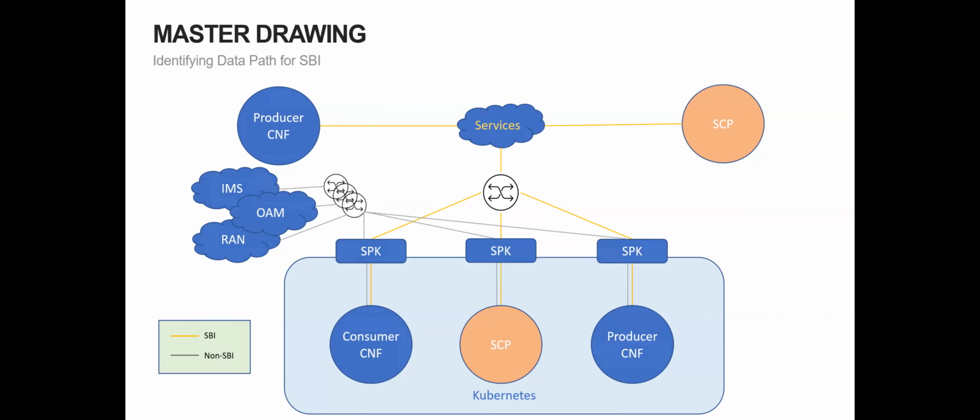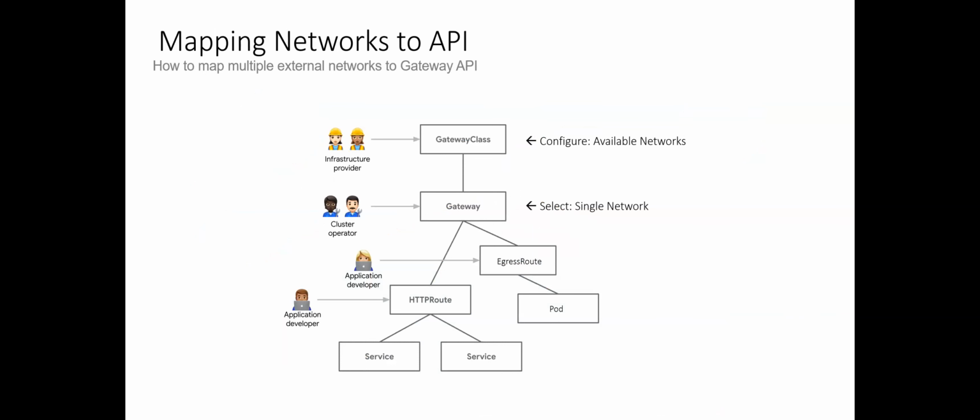The proposal for the Gateway API for egress, so that we can create a single data path in and out of Kubernetes, is that when the gateway class is installed by the infrastructure provider, they would configure what external networks there are.